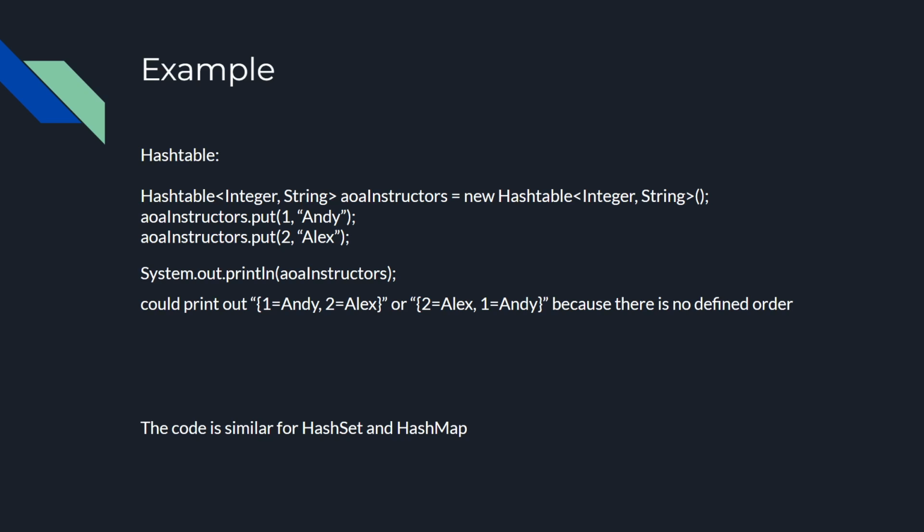Tree maps do, and that's why sometimes you would rather use a tree map and have a little bit less efficiency. But see here how there are two possibilities, and the more items that you put into the hash table, the more possibilities you have for the output. The code is very similar in terms of implementation for hash set and hash map. You change a couple of methods, but overall the formatting remains the same.